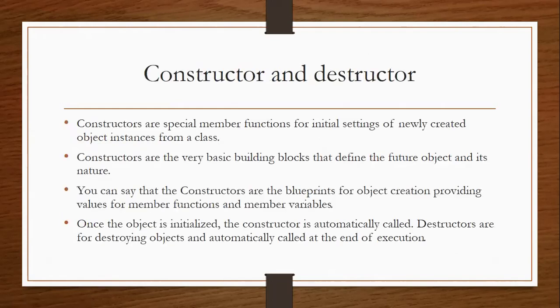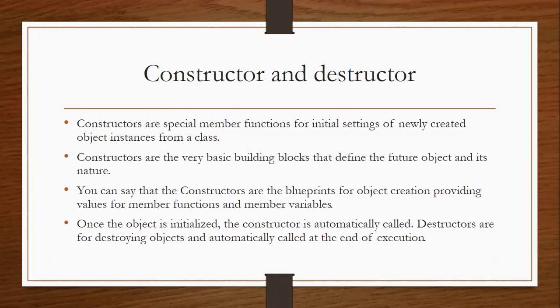So what is a constructor? Constructors are special member functions for the initial settings of a newly created object. When you create an object, it should create an instance of a class. That is the main aim of the constructor. And what is a destructor? The destructor's main aim is to destroy the object that has been created in the class. Constructors are the very basic building blocks that define the future object and its nature.